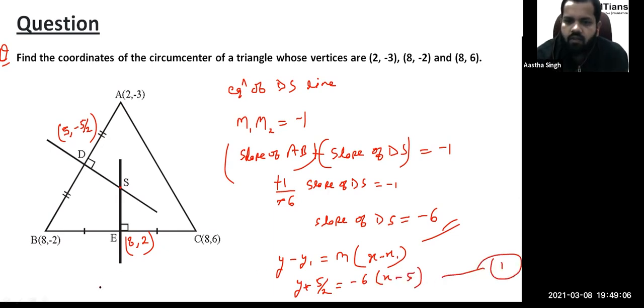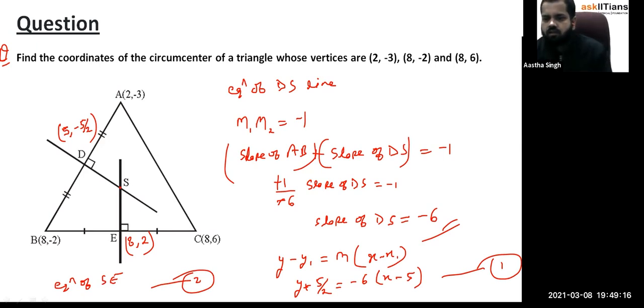Similarly, you can find out the equation of SE in the same way, and you can eliminate x and y, finding the values of x and y by the elimination method or any other method, right?